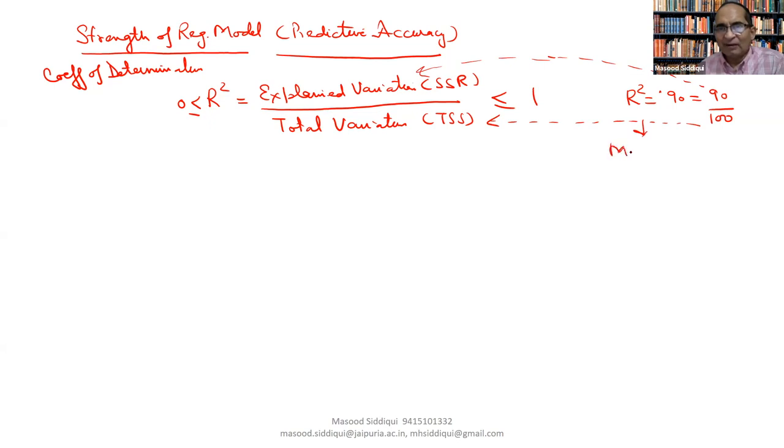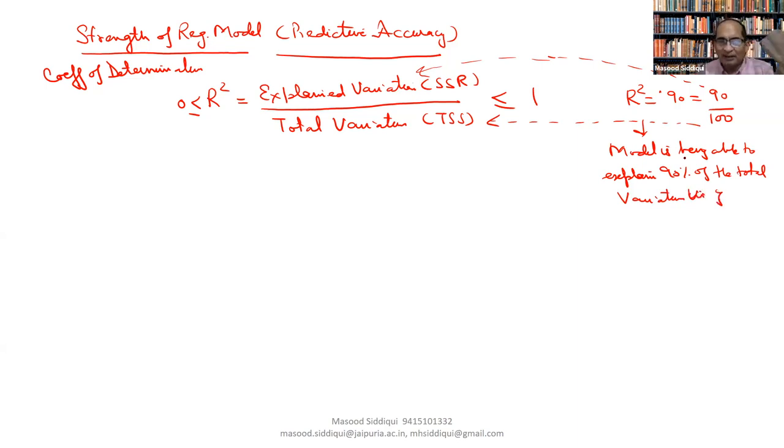It means our model is being able to explain 90% of the total variation in Y. Our proposed model is able to interpret, able to take care of most of the variation in Y. So obviously, if this is the case, then we can say this model is strong.